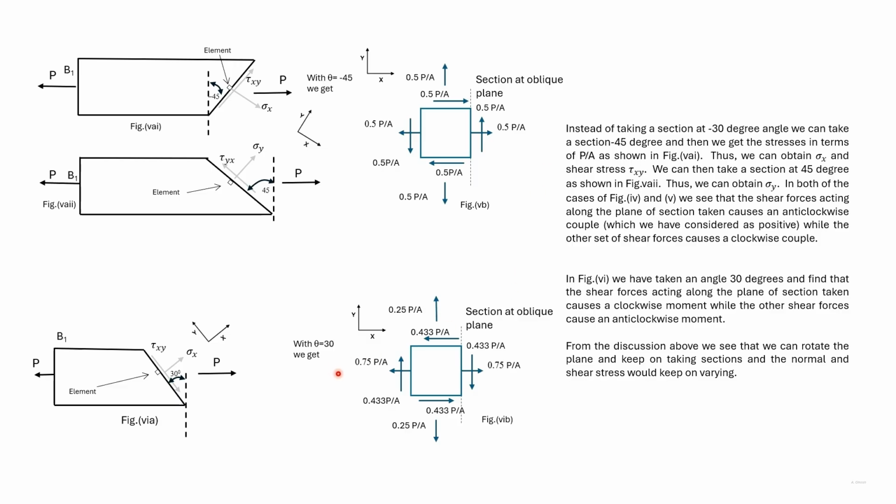So the shear stress on this plane is negative. Tau yx here produces an anti-clockwise moment and is positive. Thus, here we see that we can keep on rotating the element and doing sections, and the normal and shear stress will keep on varying.